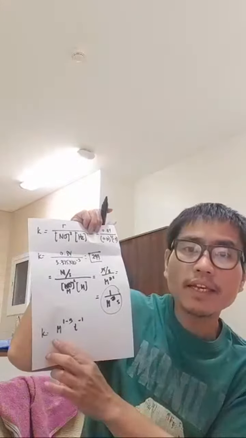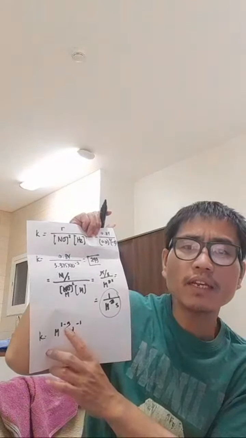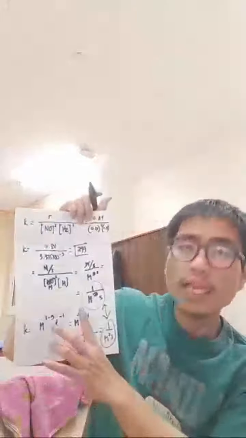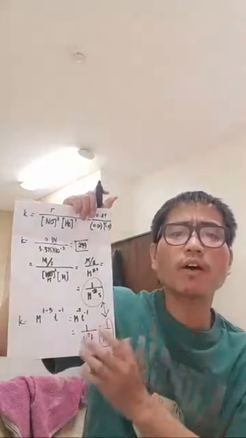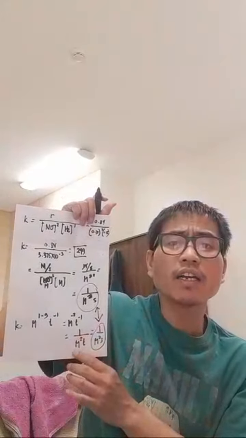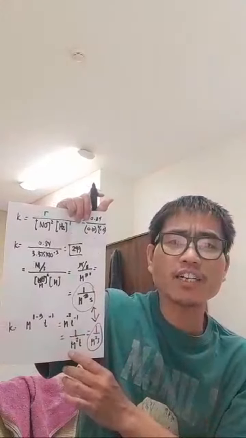Substitute the 3. So this becomes M to the negative 1 minus 3, negative 2, times T to the negative 1. So it becomes 1 over M squared T, and then 1 over M squared seconds. So it's equal. So guys, it is perfect. The unit of K is equal with this one if you substitute into the standard formula of the rate constant in a third order overall reaction.